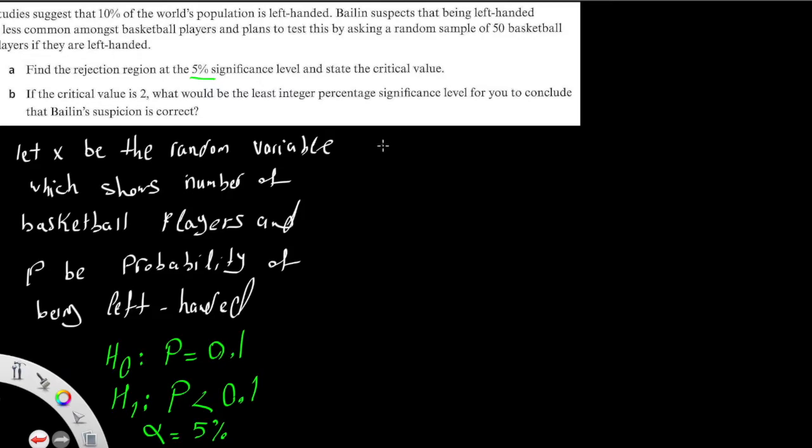Now, the critical value is such that, for example, if k is the critical value, probability of X less or equal to k should be less or equal to 5% to be included in the rejection region. And if you take one more step, for example, if k becomes k plus 1, you should get out of the critical region and it should become more than 5%.